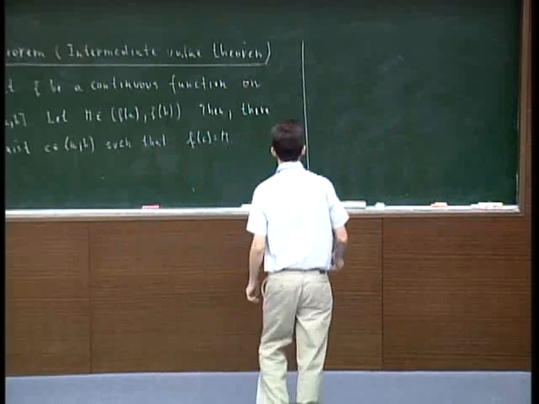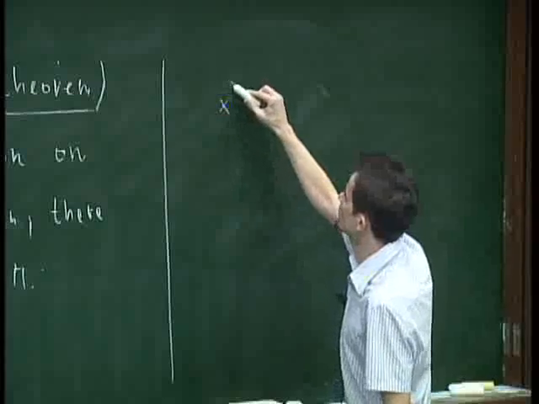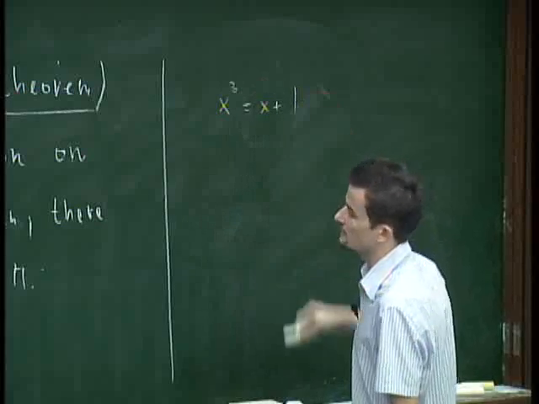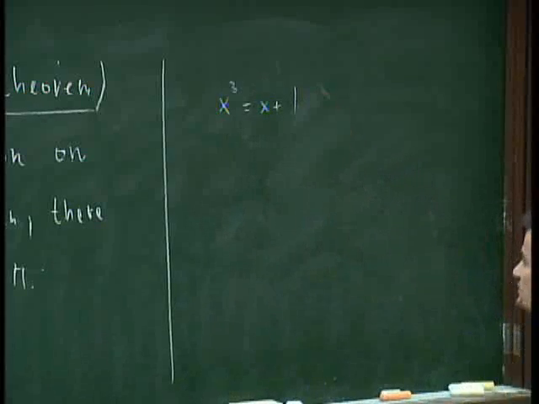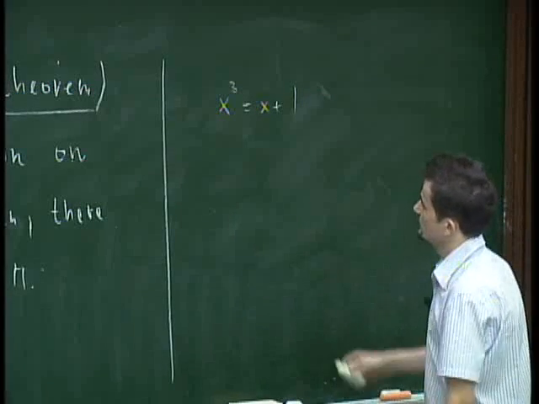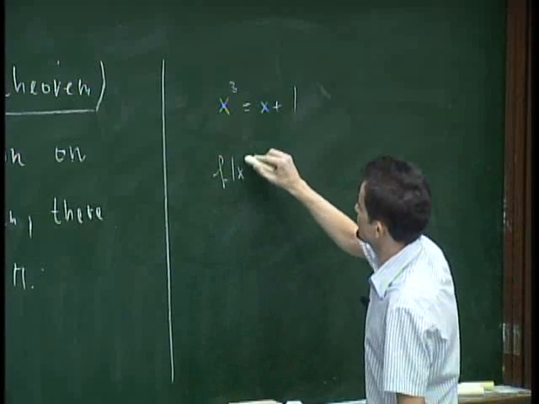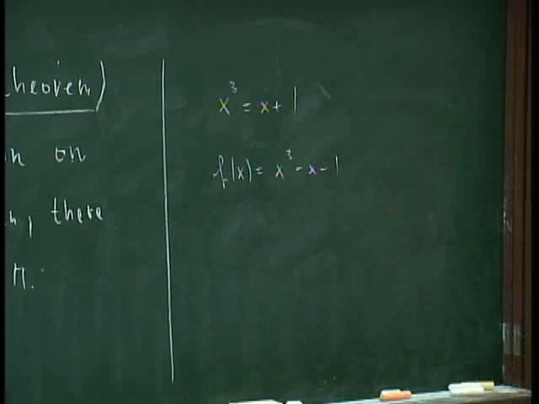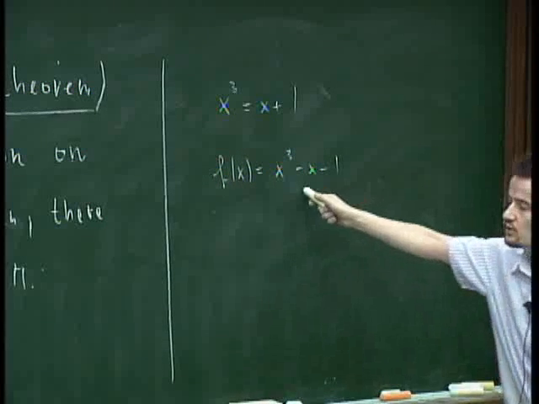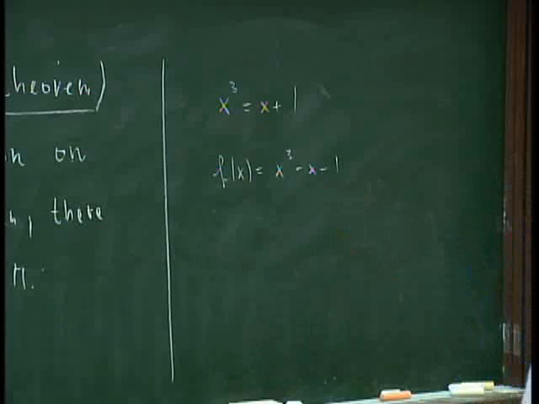So the question is whether this equation has a solution. Now, you define a function f(x) = x^3 - x - 1. You see, this is a polynomial, so we know this function is continuous.